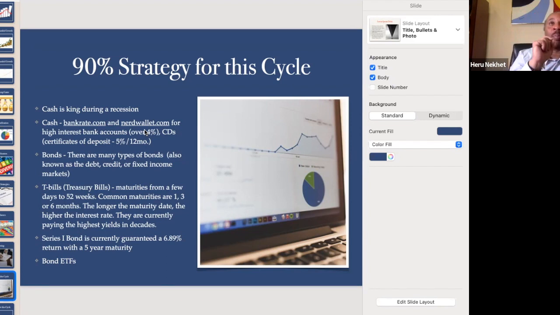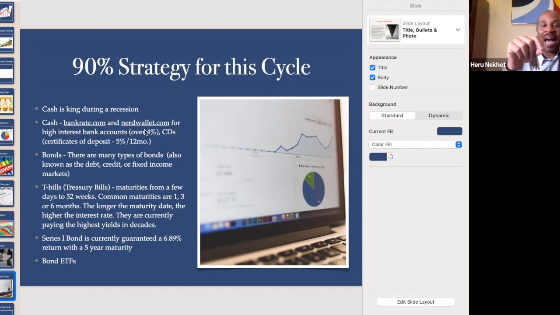Now, bonds, we talked about what bonds are: basically a loan, right? They're loans to either a municipality, a government, or to a company. So there's different types of bonds. I'm going to give you the cheat right away. We're just going to skip to the cheat.